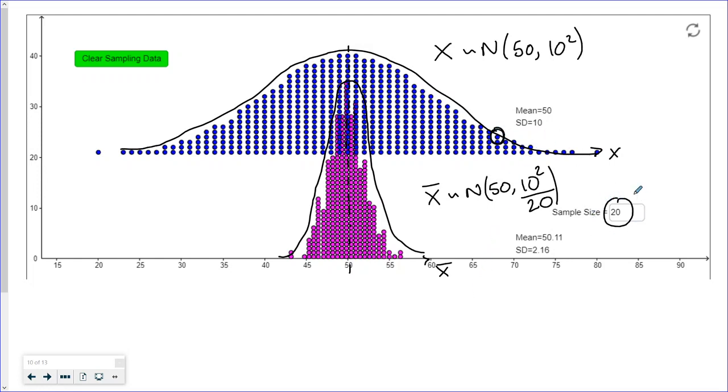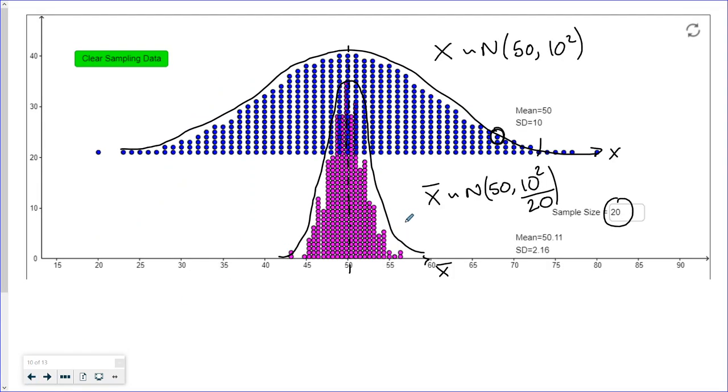Whereas if I go out and ask 20 people, it's really unlikely that all 20 of those people are going to be in the right of the distribution, which is why you don't really see any pink dots beyond about 57 here. It's just really, really unlikely that I choose lots of people. It's far more likely that I choose a spread of people within this distribution, and on average that sample mean, that x bar, is going to be closer to 50 when I work that out.